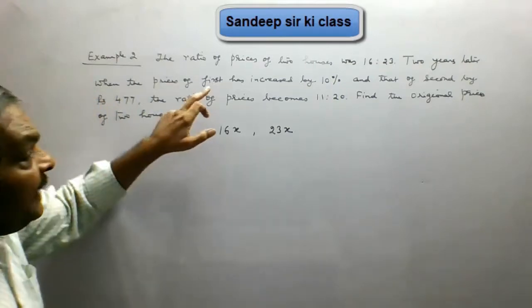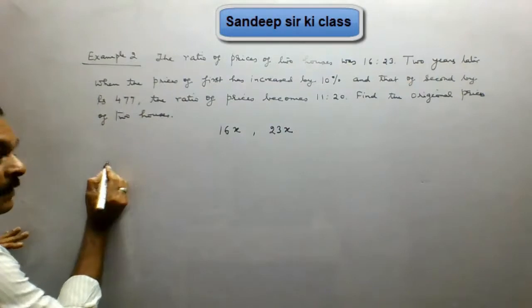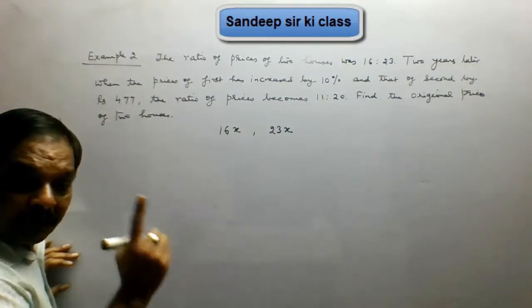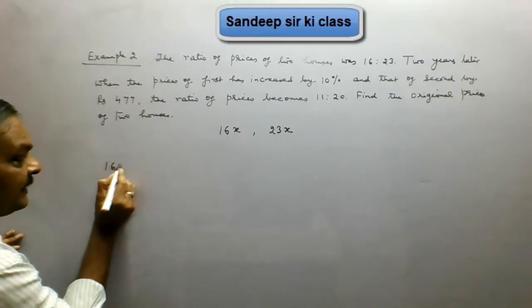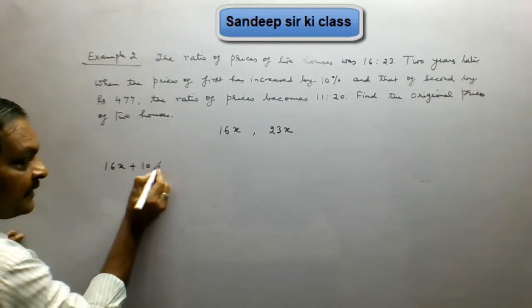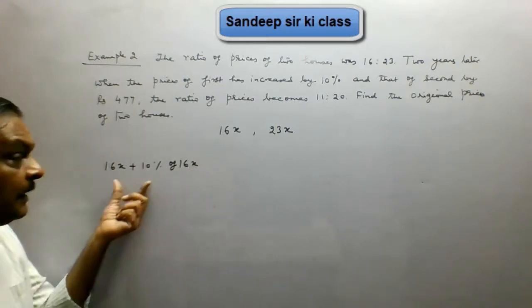Now, the price of the first is increased by 10%, which means the new price after 2 years of the first house is 16x plus 10% of 16x.